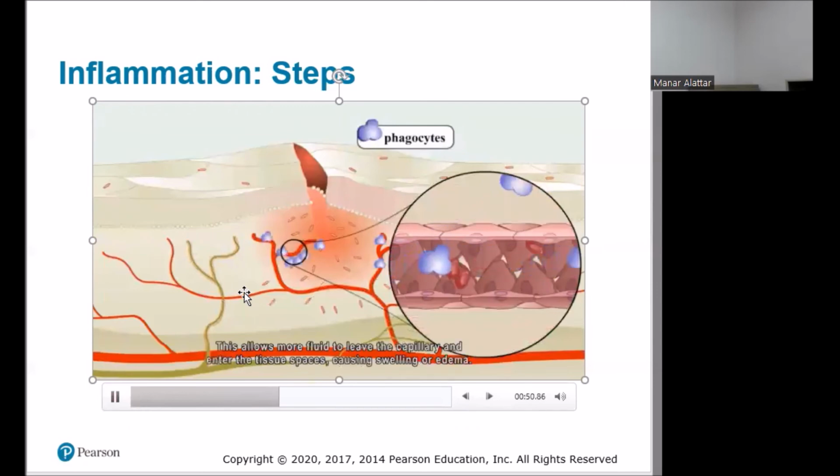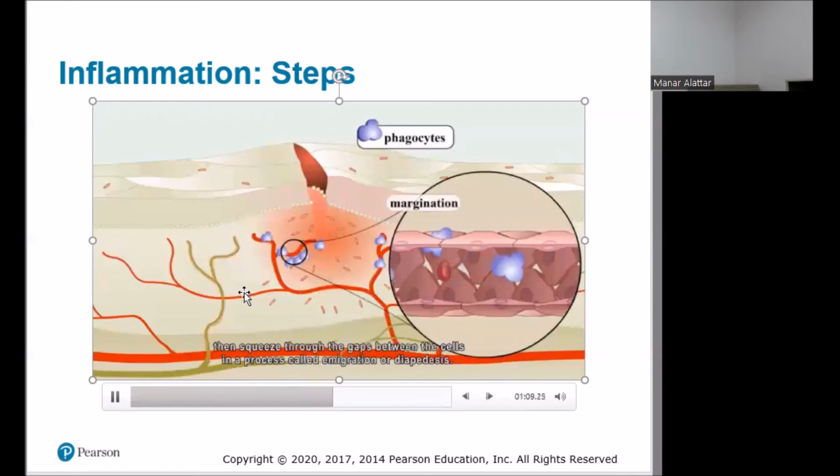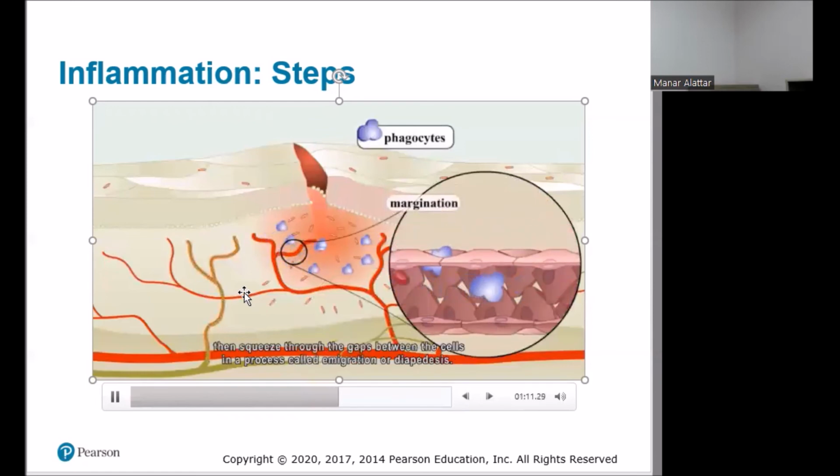This allows more fluid to leave the capillary and enter the tissue spaces, causing swelling or edema. The increased blood flow delivers phagocytes, such as monocytes and neutrophils, to the scene. The phagocytes stick to the walls of the blood vessels in a process called margination, then squeeze through the gaps between the cells in a process called emigration or diapedesis.